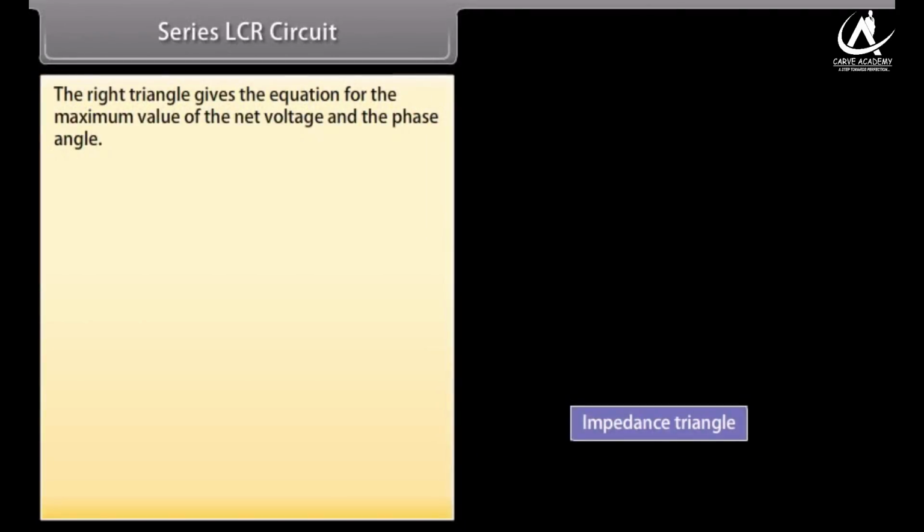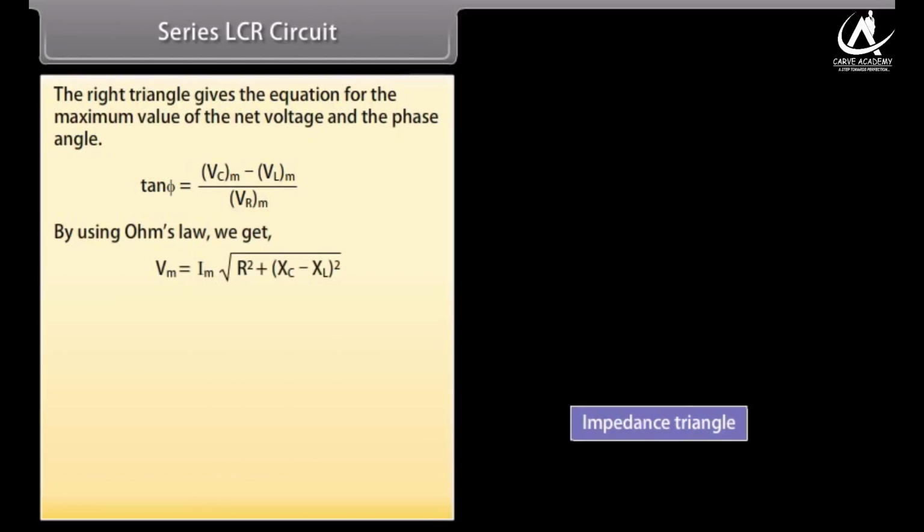The right triangle gives the equation for the maximum value of the net voltage and the phase angle. Tan phi = (VCm minus VLm) upon VRm. By using Ohm's law, we get Vm = Im multiplied by under root of R square plus (XC minus XL) square.